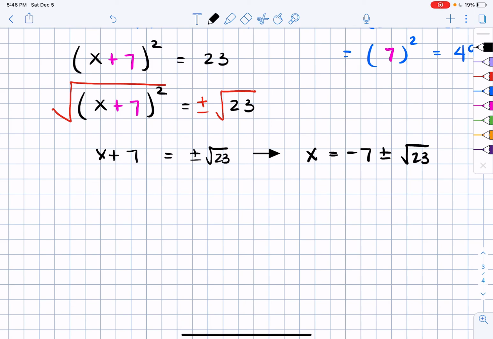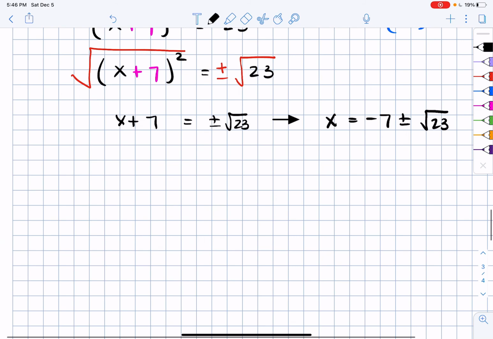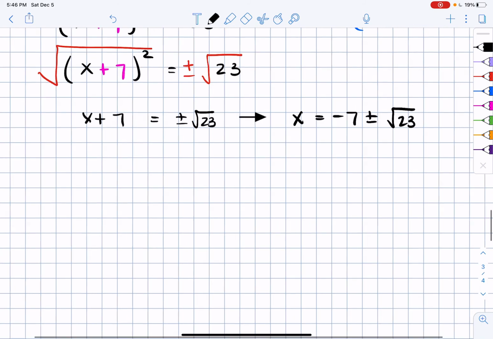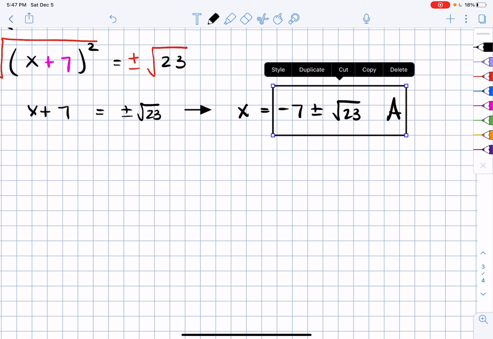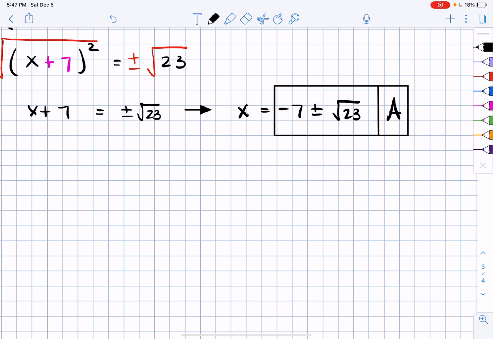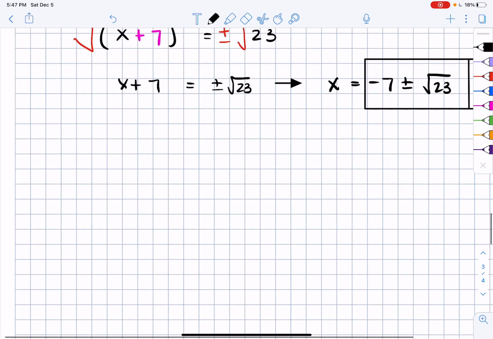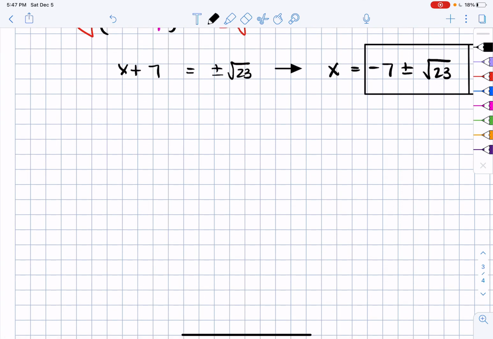Let's take a look, which would be choice A. There we go. That was number 9, and we're off to number 10.